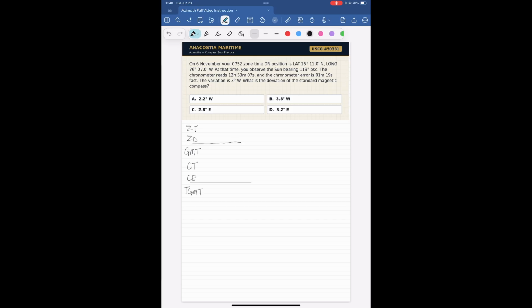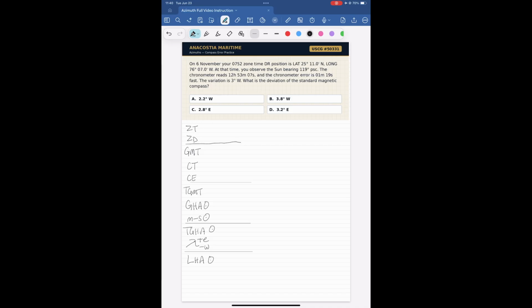Then I have GHA of the sun, the minutes and seconds of the sun, true GHA of the sun. All right. Plus east or minus west longitude.